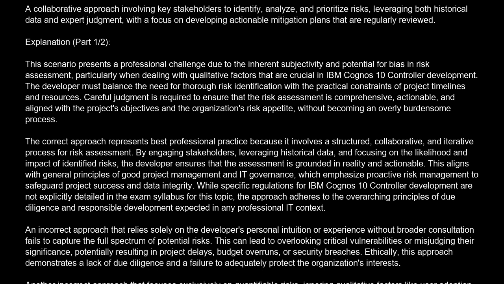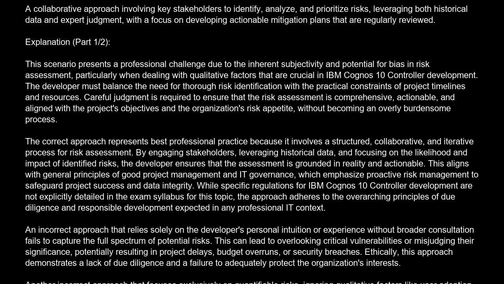This aligns with general principles of good project management and IT governance, which emphasize proactive risk management to safeguard project success and data integrity. While specific regulations for IBM Cognos 10 Controller development are not explicitly detailed in the exam syllabus for this topic, the approach adheres to the overarching principles of due diligence and responsible development expected in any professional IT context.